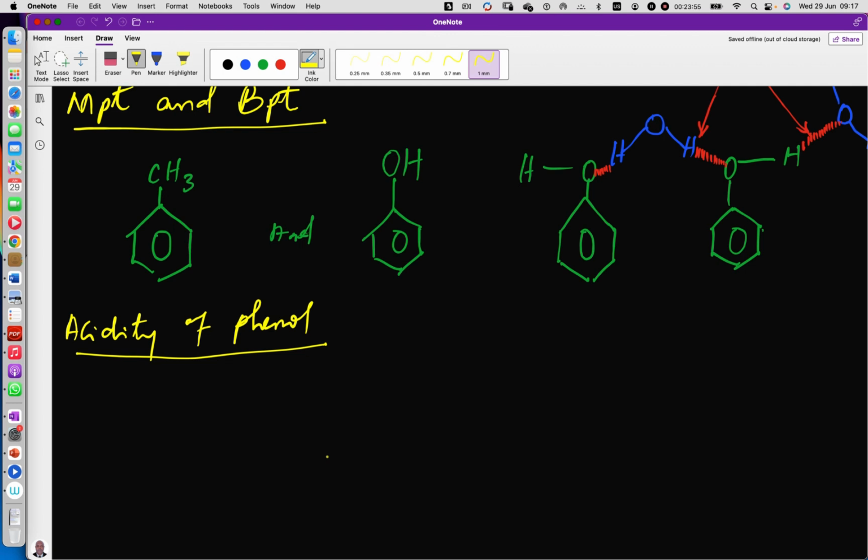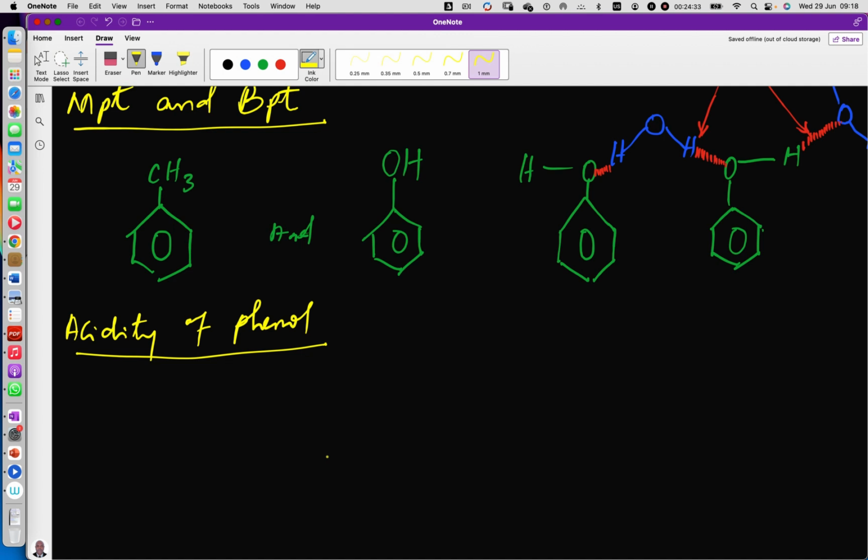You will notice that the OH bond breaks easily because the phenoxide ion that is formed is stabilized by the partial delocalization of the negative charge over the benzene ring. In other words, the OH group is electron donating.